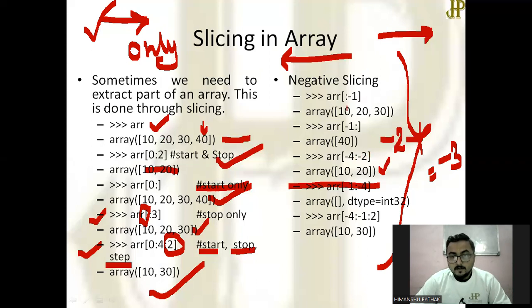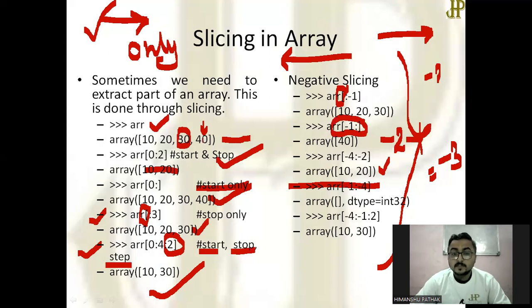Clear? Here, starting value is not given, but stop value is given as -1. So -1, that is -2, up to -2, that is 30. It will go up to 30 from starting value: 10, 20, 30. Again, I have given start with -1, but no stop value.